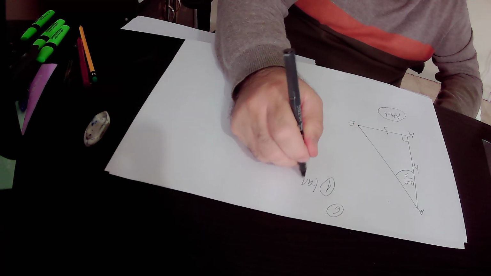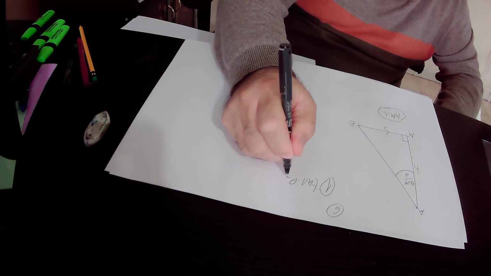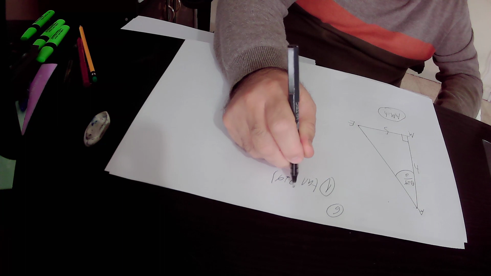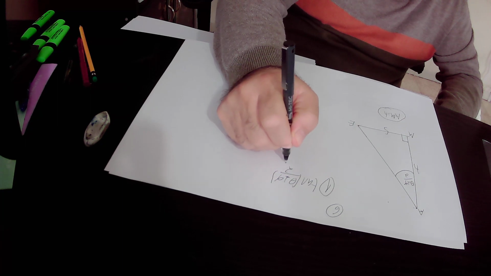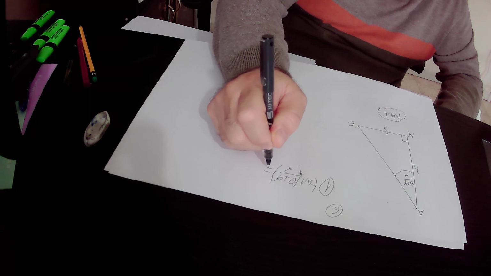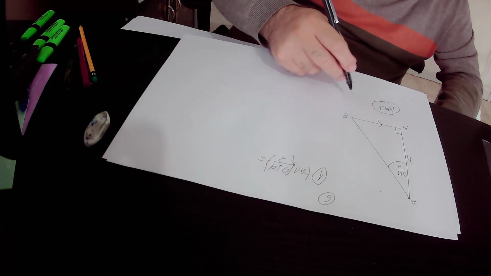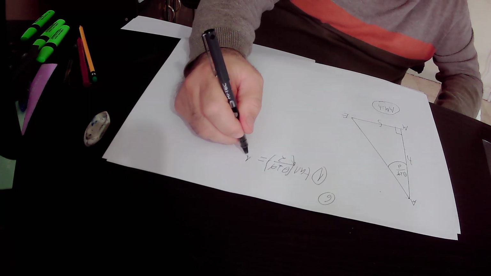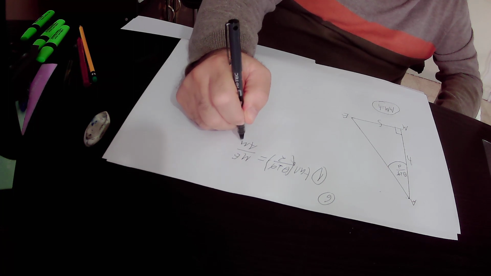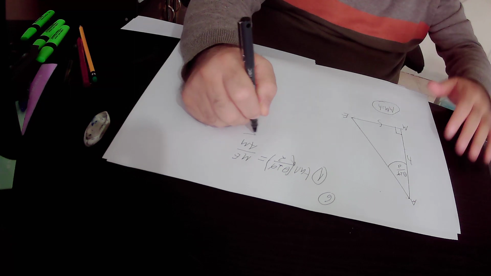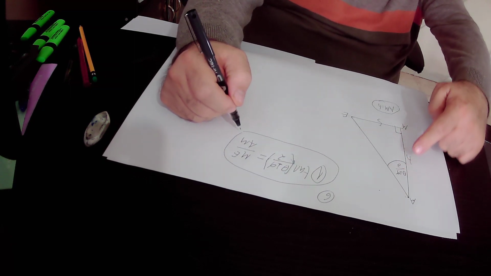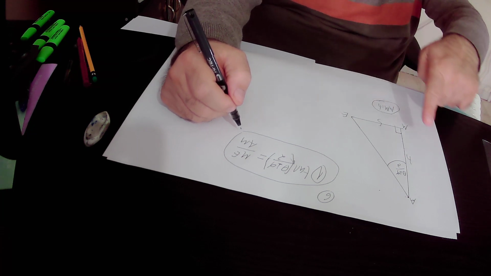Tangent of theta plus alpha over 2 will be equal to ME over AM. I'll repeat again: tangent of theta plus alpha over 2 equals ME over AM.